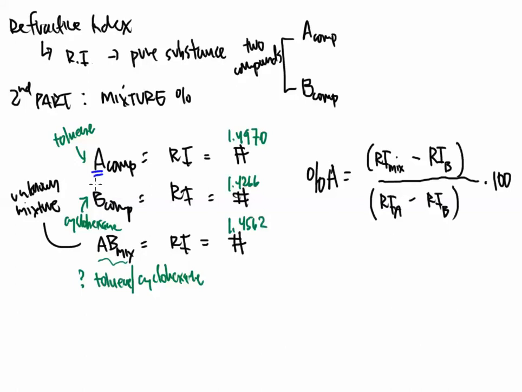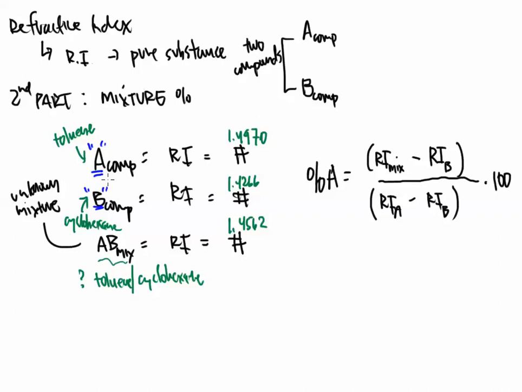I have just randomly assigned toluene as the A piece, and I've randomly assigned cyclohexane as the B piece. Okay. I could have switched these around. As long as I know which one's A and which one's B, it's okay. As long as the numbers go into the right spot in the equation, it's okay.